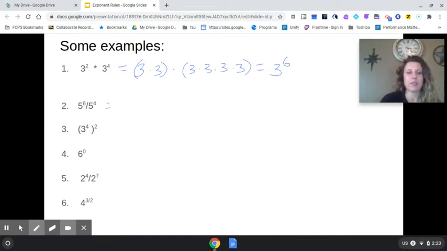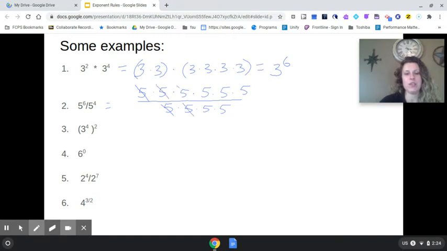The next example says that we're taking 5 to the 6th power, which is 5 multiplied by itself 6 times. And we're dividing that by 5 to the 4th power. So that's 5 multiplied by itself 4 times. If we notice, 5 divided by 5 makes 1, or they cancel.